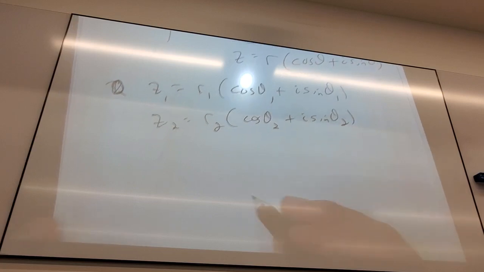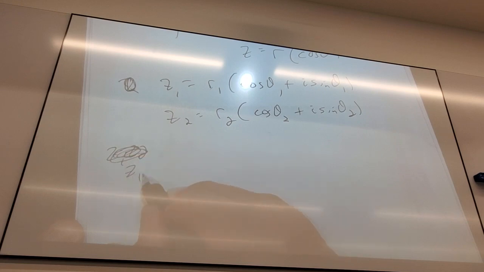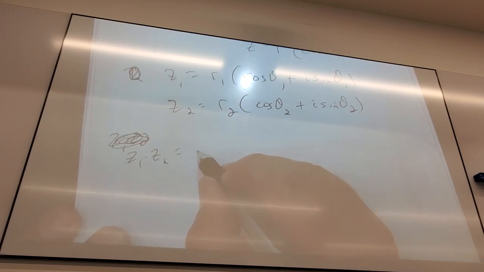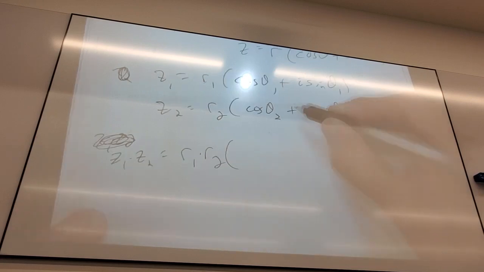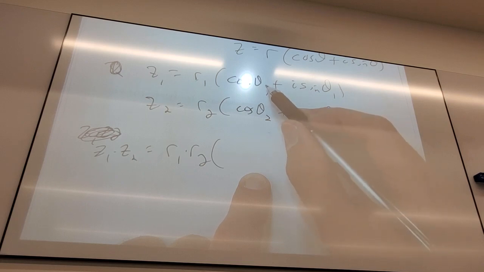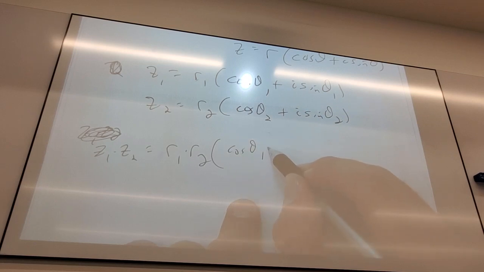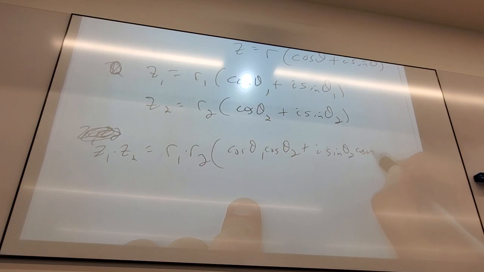But here's where this becomes really useful. If I multiply these together, this would be r1 times r2. I'm going to FOIL this out, multiplying z1 times z2. I get cosine theta 1 cosine theta 2, plus i sine theta 2 cosine theta 1, plus i sine theta 1 cosine theta 2, plus, what's the last thing I need?